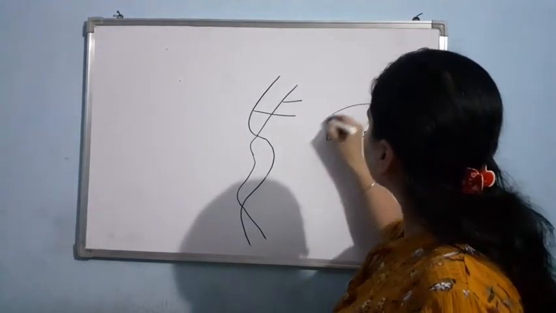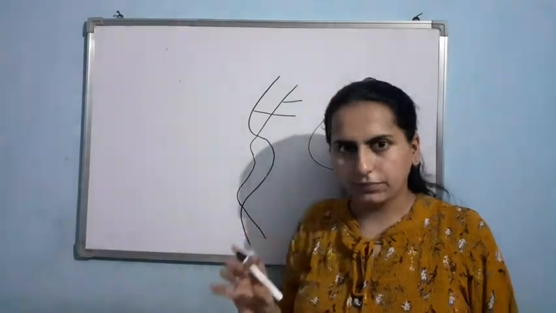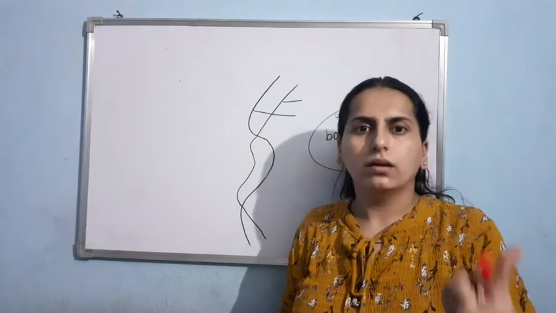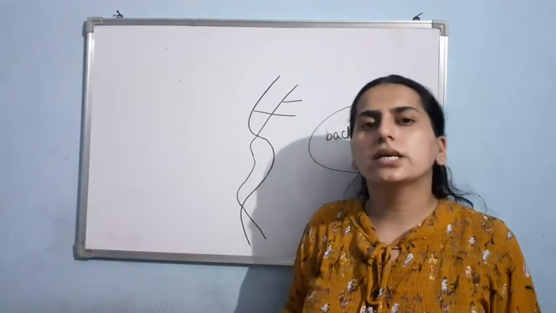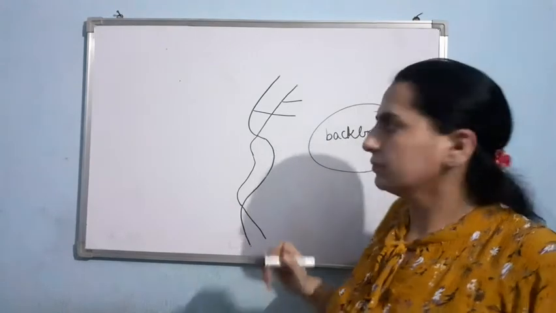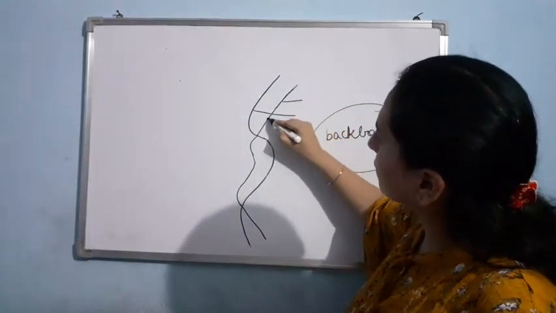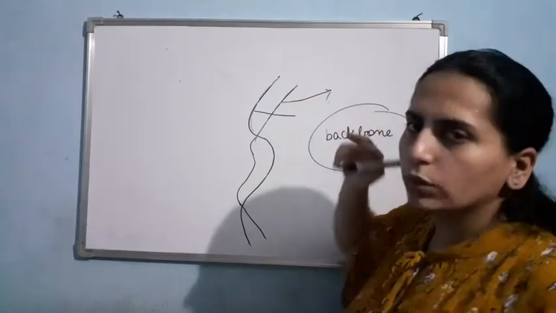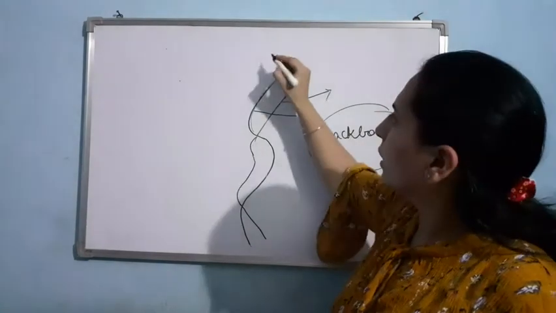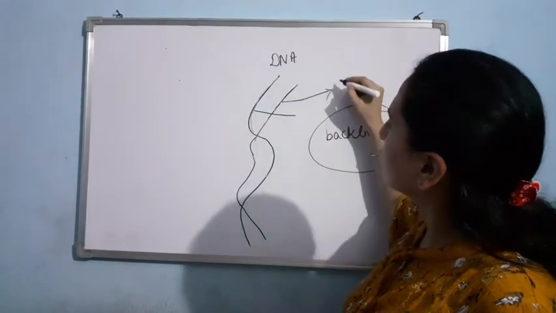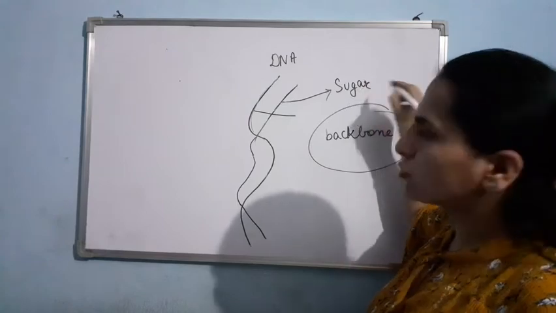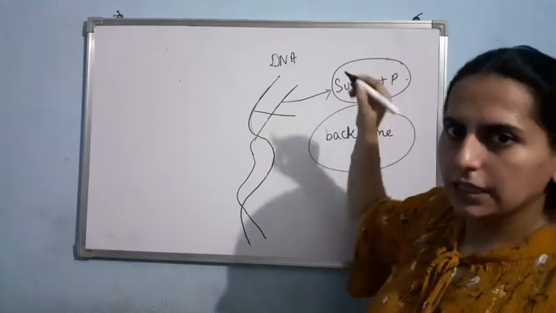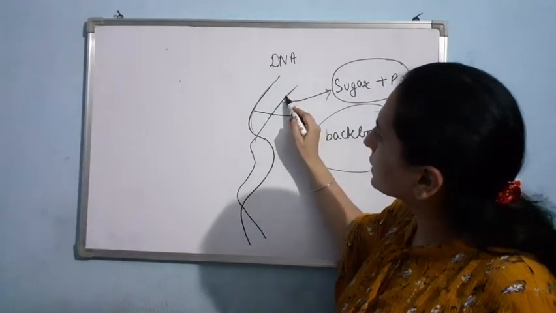Now, second characteristic feature, if I talk about the backbone. As you know, the DNA is a polynucleotide. If I talk about the structure of a nucleotide, we have phosphate group, pentose sugar, and nitrogenous bases. Out of these three, this strand is made up of basically two things. One is sugar, and since I am talking about the DNA, the sugar will be deoxyribose sugar, plus phosphate group. So these two things make the helix, this strand.